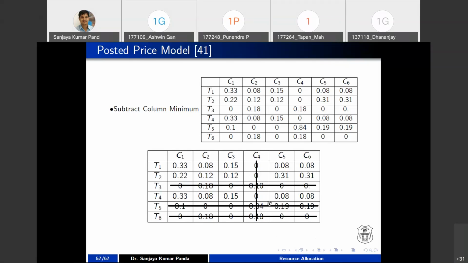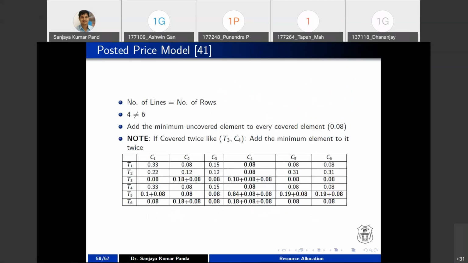While you are covering 0 elements, some non-zero elements will also be covered, but your idea is to cover the 0 elements. How many lines are required? 4 lines are required. If the number of lines is equal to the number of rows, then you have to stop.